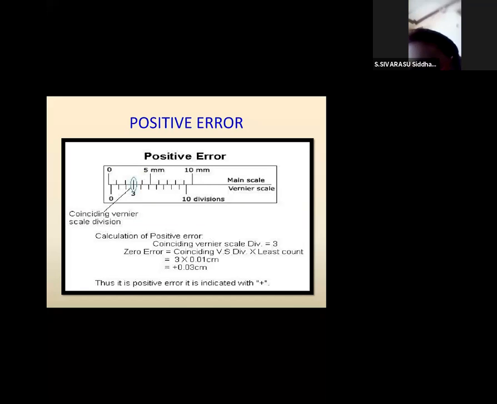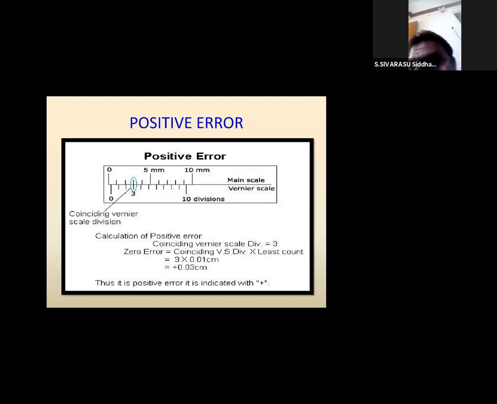Now look at this diagram. This is the positive error. Positive error means when we close the jaws together, the vernier scale 0 does not coincide with the main scale division 0 line. So there will be error on that. It's a positive error.